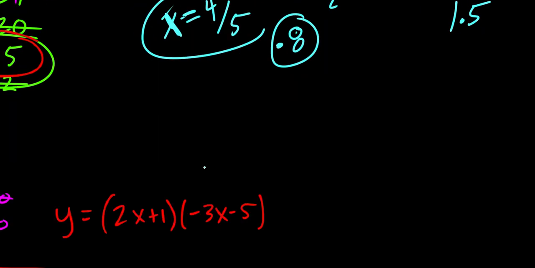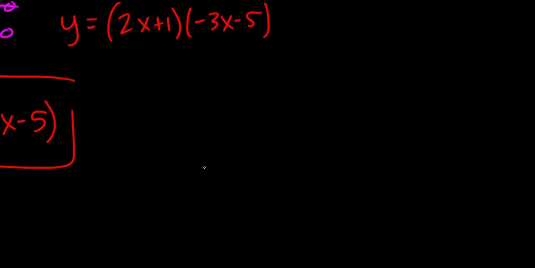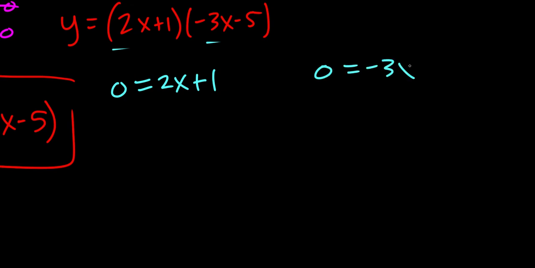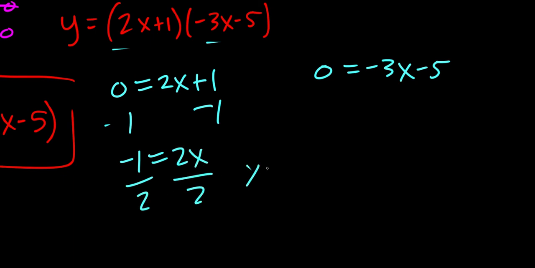Now try this last one. We take each piece and set it equal to 0. So we say 0 equals 2x plus 1, and 0 equals negative 3x minus 5. We subtract 1 from both sides and get negative 1 equals 2x. Divide by 2, and x equals negative 1/2, which is negative 0.5.